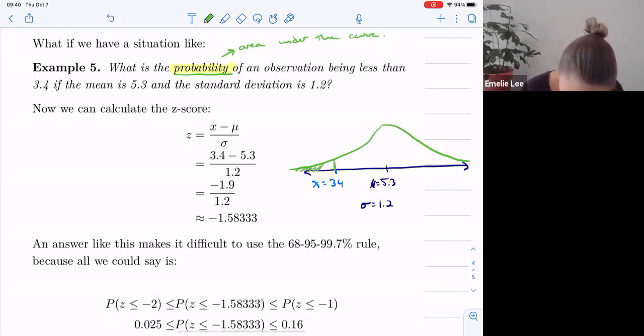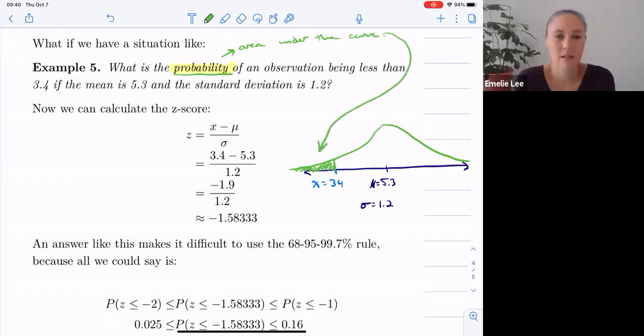So the area that I want is going to be this area. Usually I show that with a little question mark. I like to have a question mark for where, just to remind myself what I'm solving for. So I do a little question mark like that.